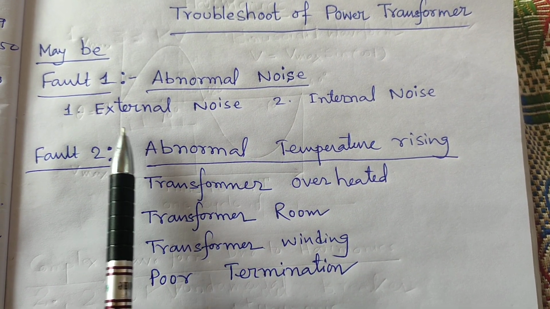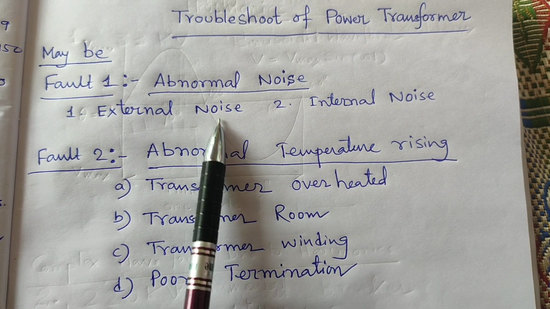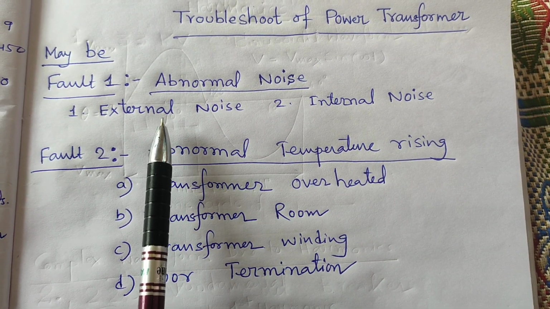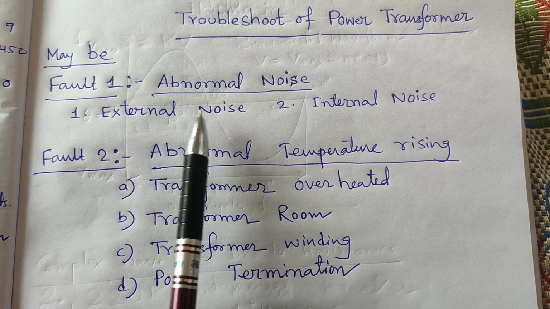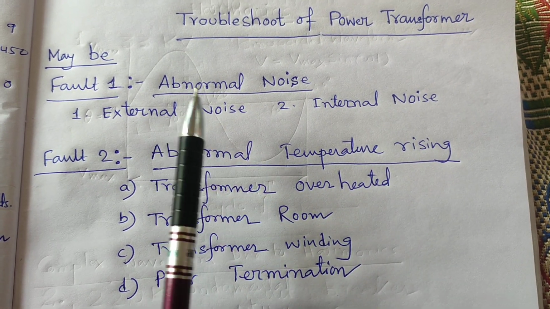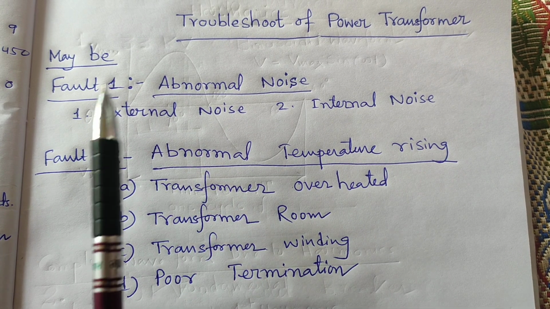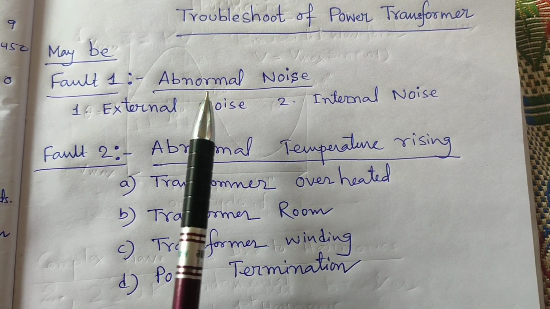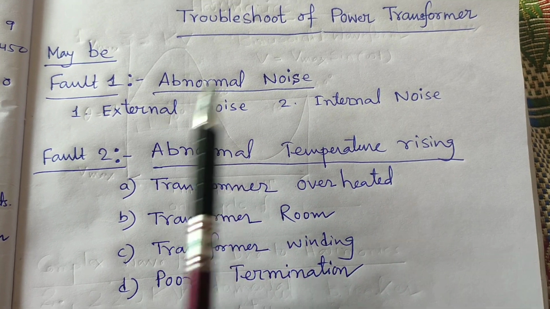So we should check properly which nut bolts or clamp connectors are making the noise. Tighten the nut bolts and avoid that type of abnormal vibrations and also the noise.